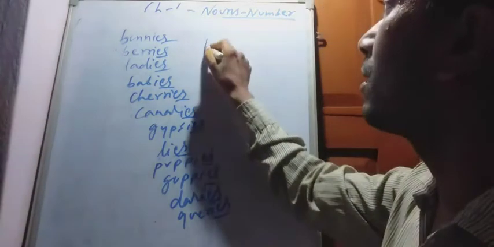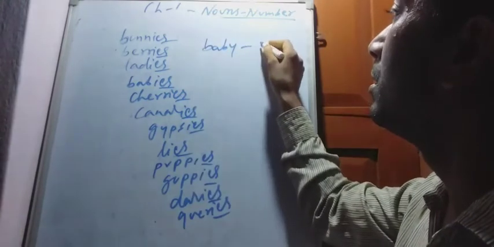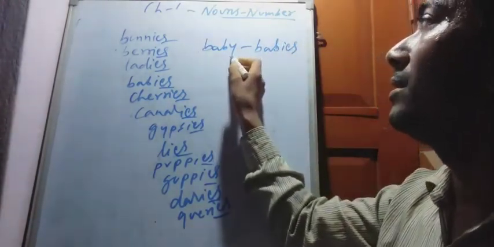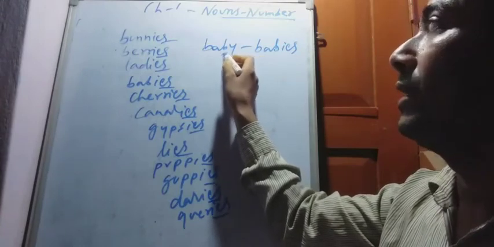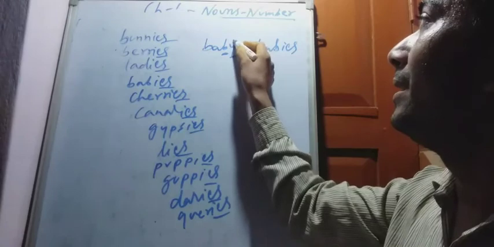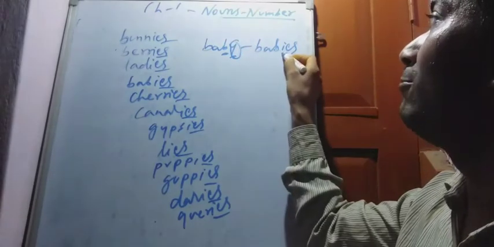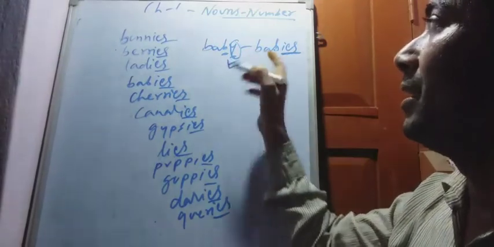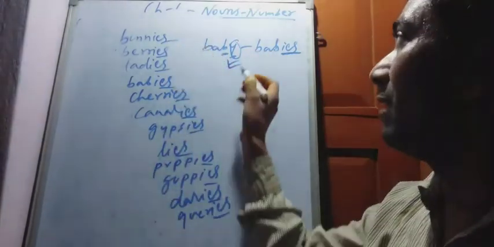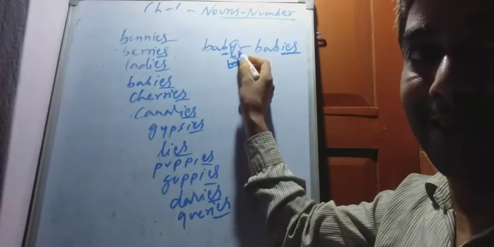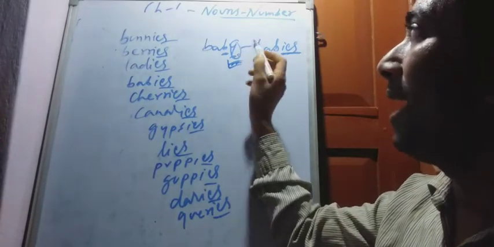Example: words end in Y and a consonant comes before Y, then Y is removed and IES added. Y removed, IES added. So what will be singular? In all the words, singular will end in Y.